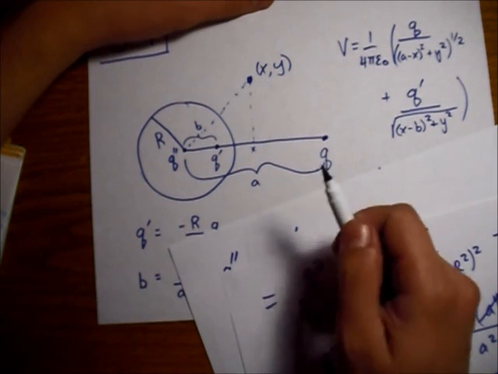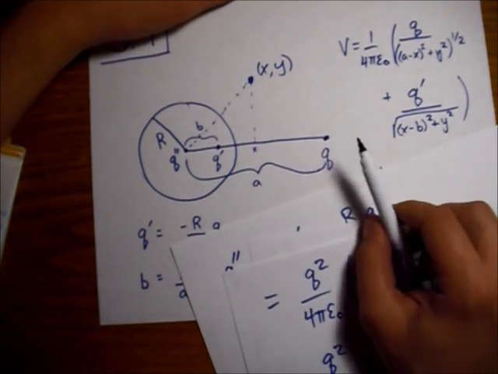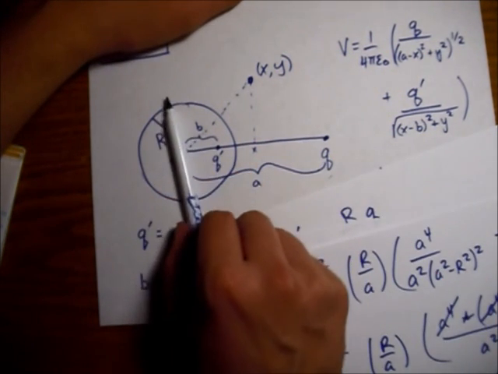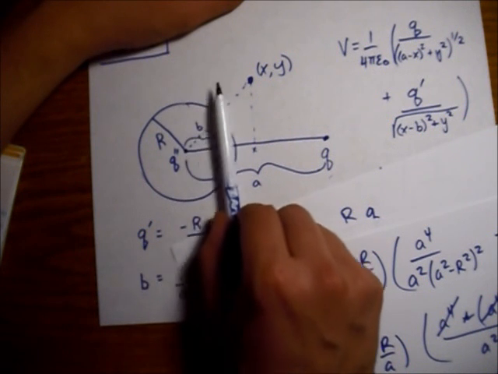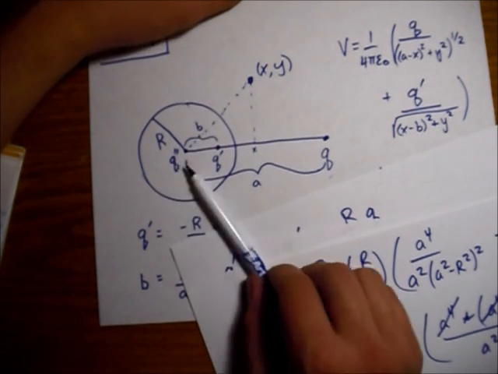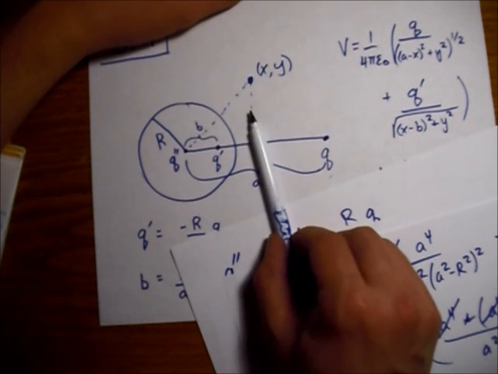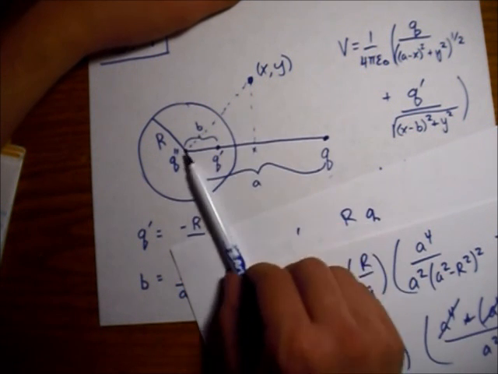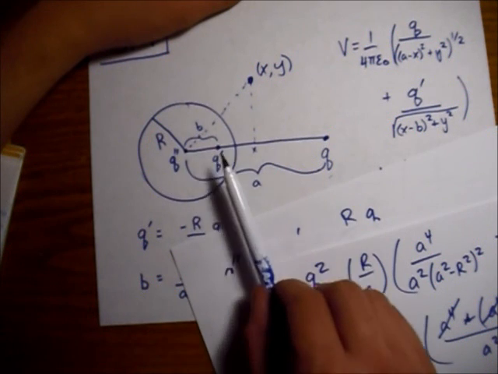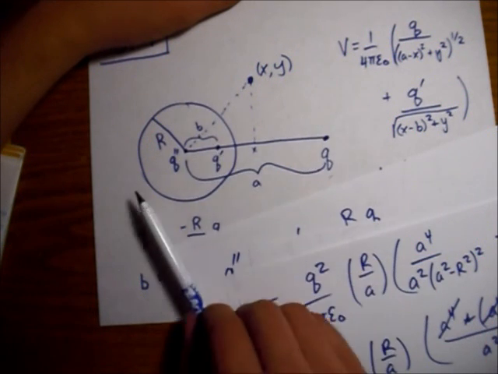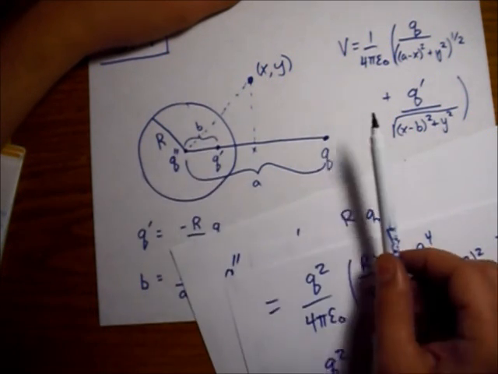Why is that? Well, the charge is going to pull negative charges inside the conductor towards it. So if this is a positive charge, then the negative charges will be drawn towards it. And then there will be more negative charges that are closer to this charge than positive.